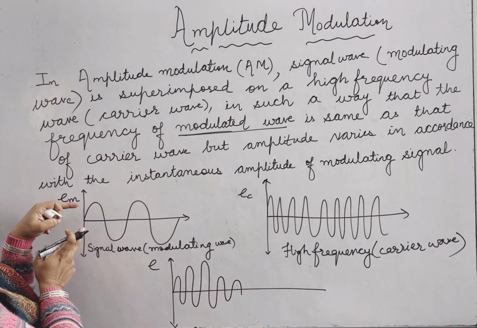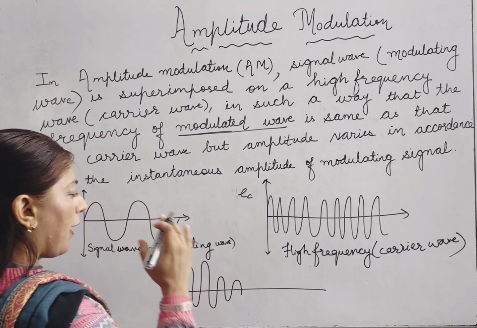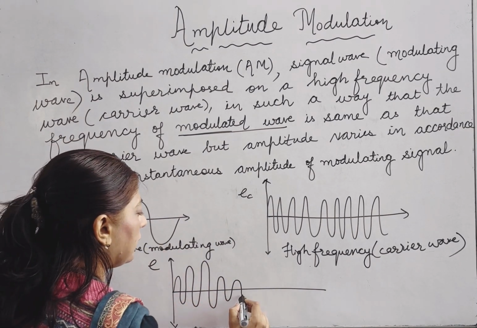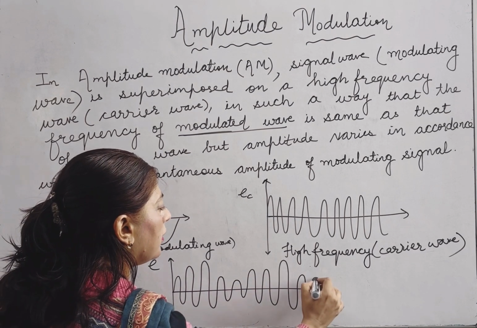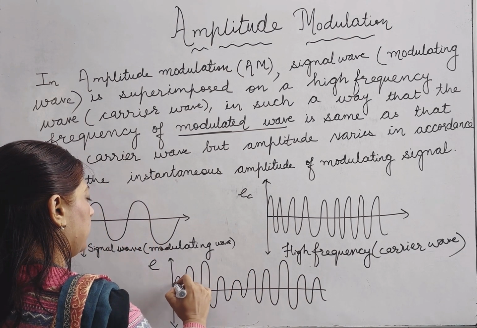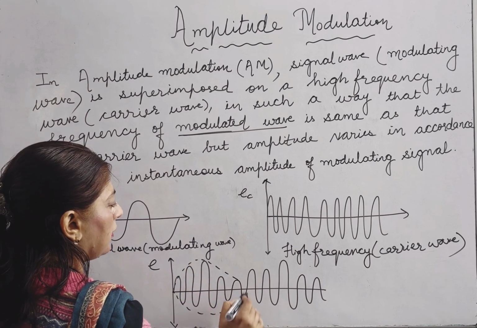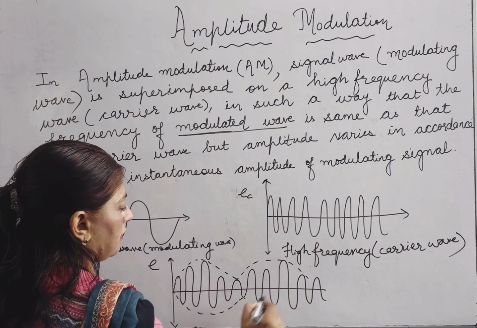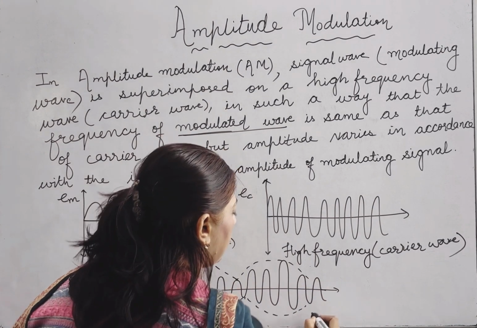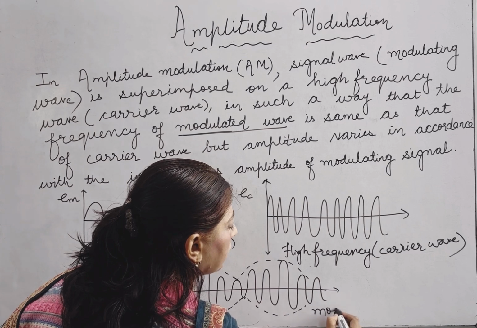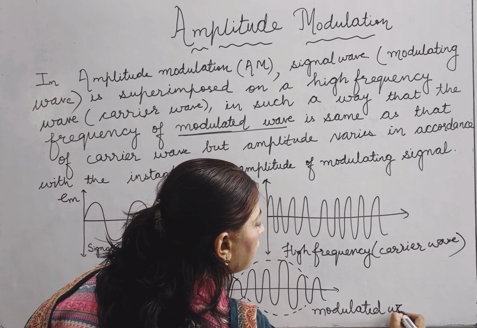For the positive half cycle, the high frequency amplitude increases, and for the negative half cycle, the amplitude decreases according to the signal wave. These are the wave envelopes. So this is our modulated or the resultant wave.